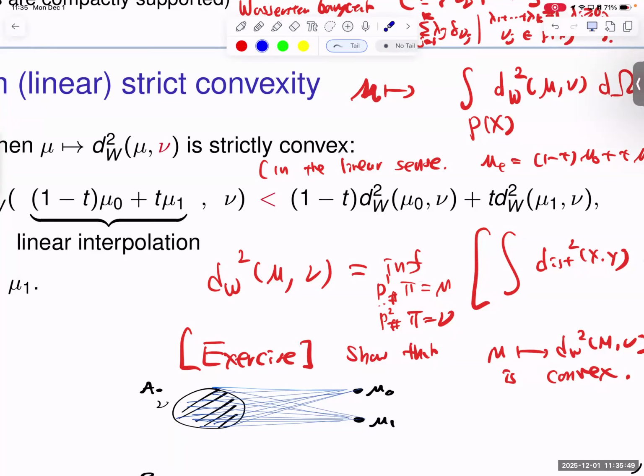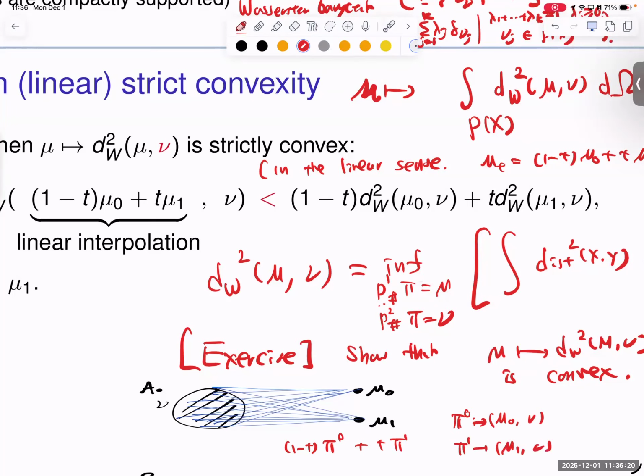Then consider the transport plan taking the linear combination, (1 minus t) pi 0 plus t pi 1. Here pi 0 transports mu0 to nu, sorry, it couples mu0 and nu, and pi 1 couples mu1 to nu.